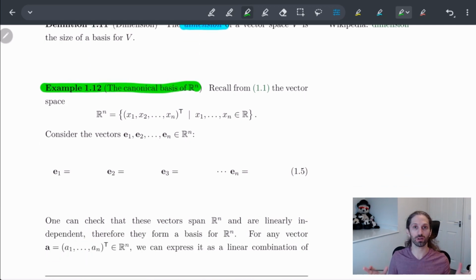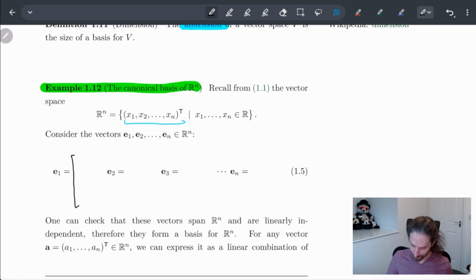So here, let's recall the standard vectors that we see in R^n. These are just the column vectors. And what we're going to do is choose some set of vectors that give us every single possible vector.